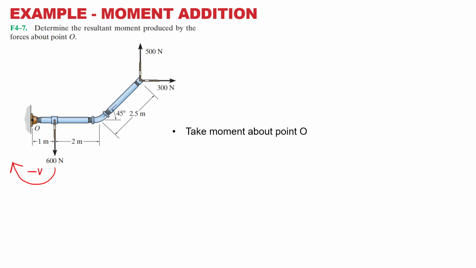Negative. This one rotates like that. This one is negative lagi. Ini rotates like that. This one is a positive. So you got negative, you got negative, you got positive. Macam senang je. The tricky thing is probably the distance lah.